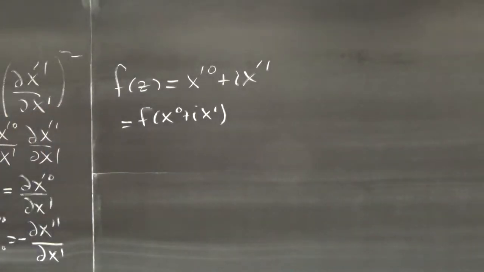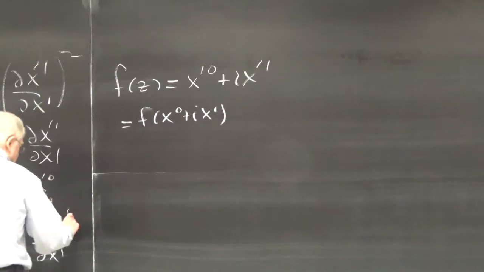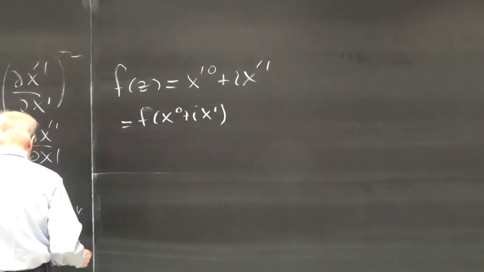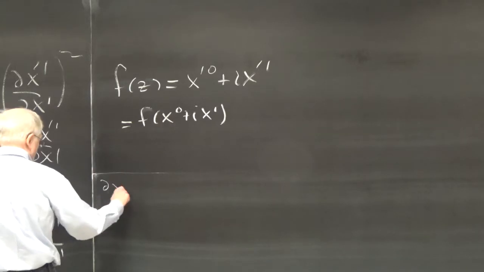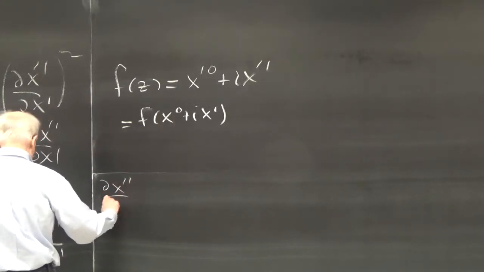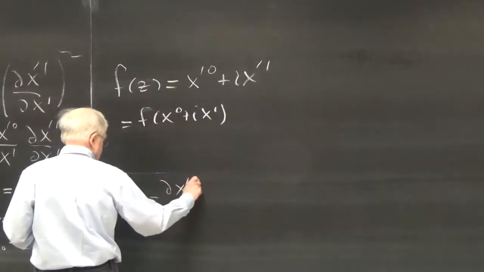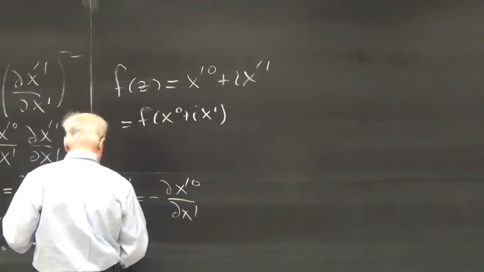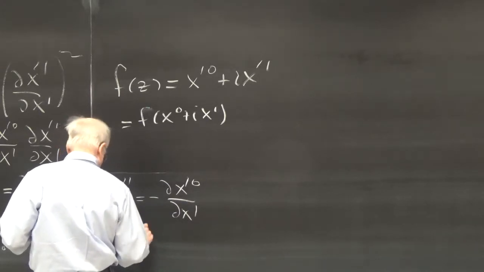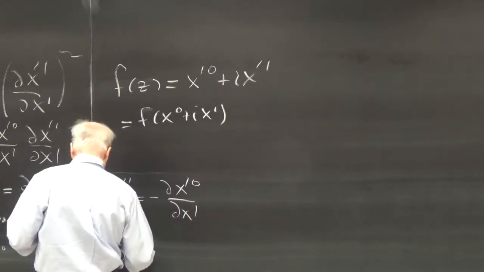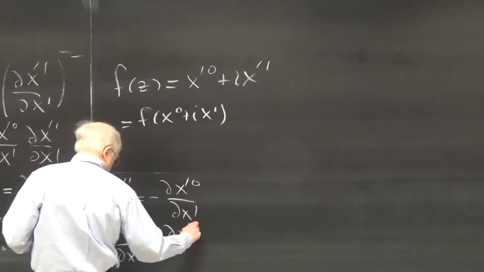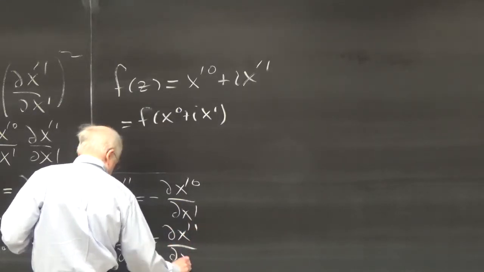And on the other hand, you can also satisfy these same equations with slightly different equations, namely, instead of these, you can have partial x prime 1, partial x0 equal to minus partial x prime 0, partial x1, and partial x prime 0, partial x0 equal to partial x prime 1, partial x1.